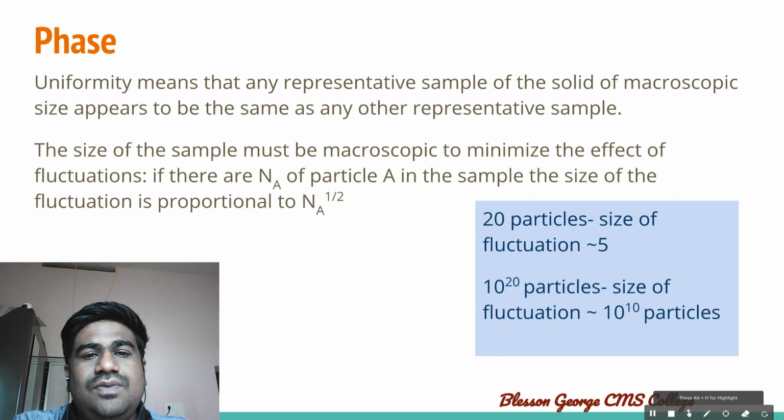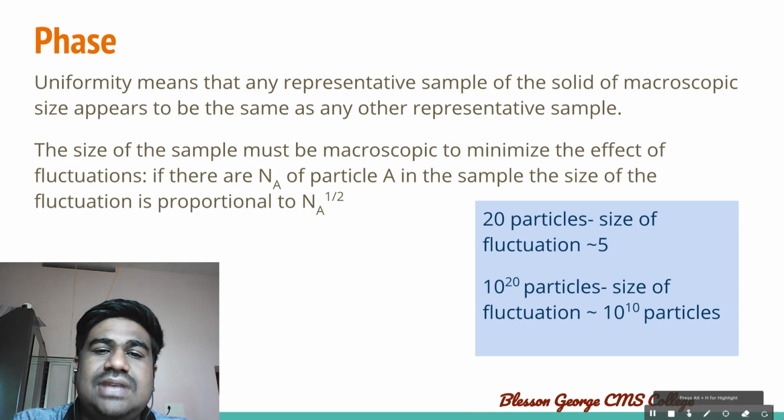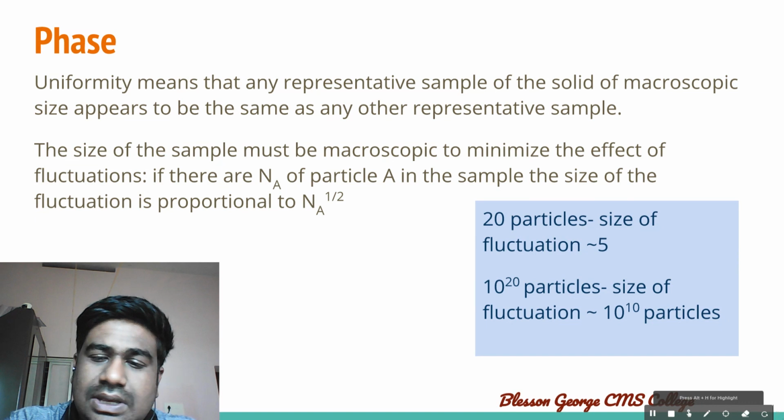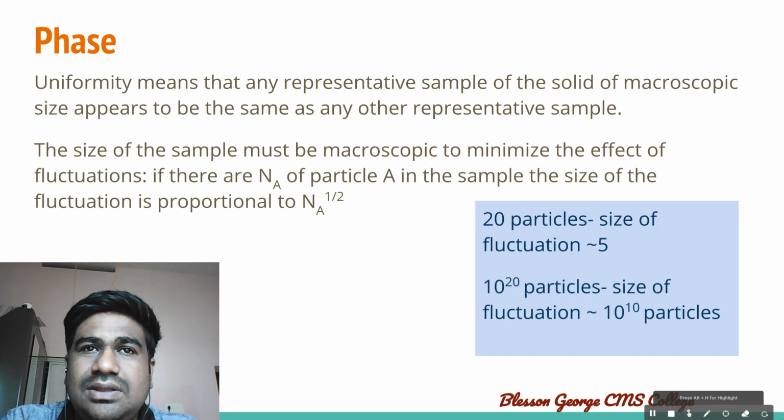But the challenge to uniformity is the fluctuation. The amount of fluctuation is proportional to n raised to half, or root n, if n is the total number of particles. Say if we have 20 particles, then the size of fluctuation will be about 5, which is very high. There is little chance of getting a uniform material there. But if there are 10 raised to 20 particles, then the size of fluctuation is 10 raised to 10, which is very small.